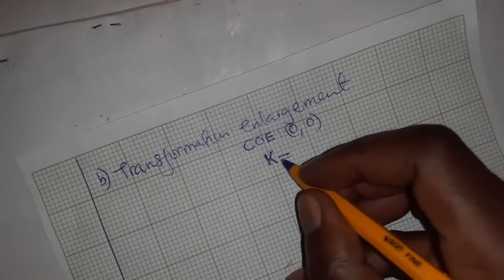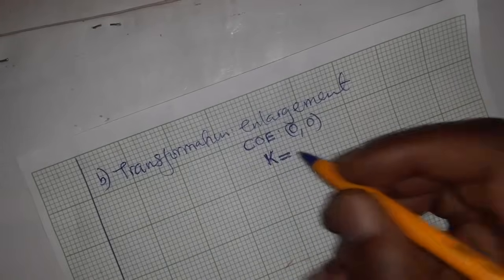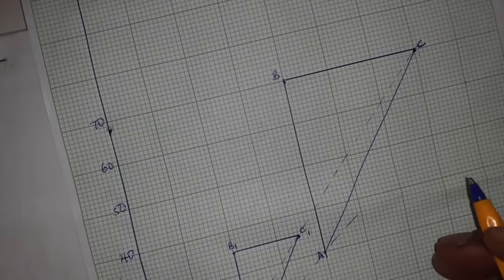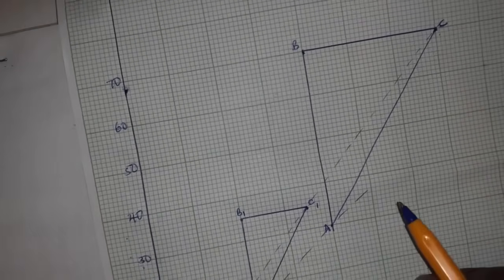How do we find this one? We can pick the length of one side on the object.